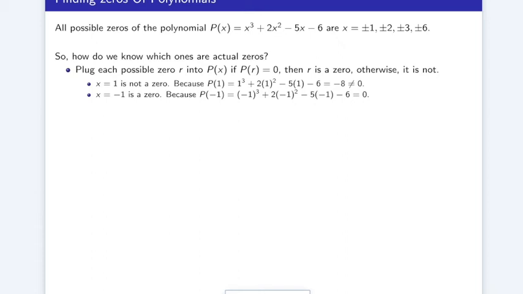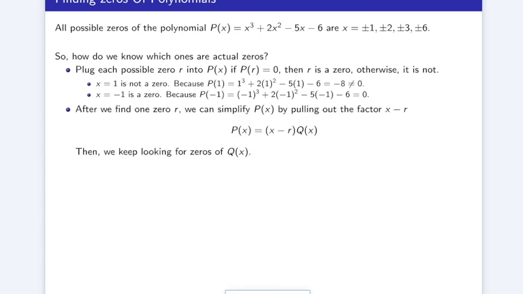However, we can simplify our work by simplifying the polynomial. So what do we do? Well, remember, if we have a 0, for example r, of the polynomial, then we can pull the x minus r out.